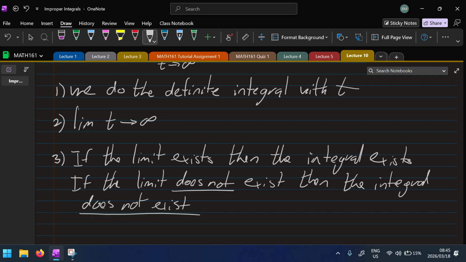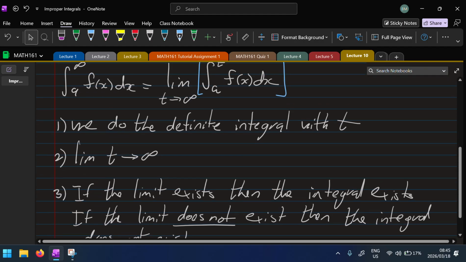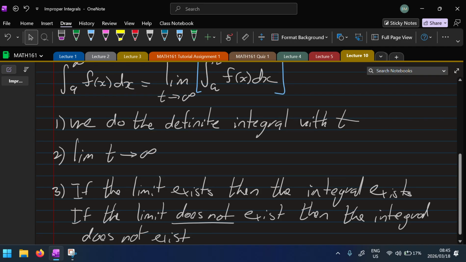That just means we can't calculate the area. So the area under this curve will be infinite, and you can't put a number for that. Okay, so that's the general idea that we're going to follow. Very simple to do. So let's have a look at some examples.